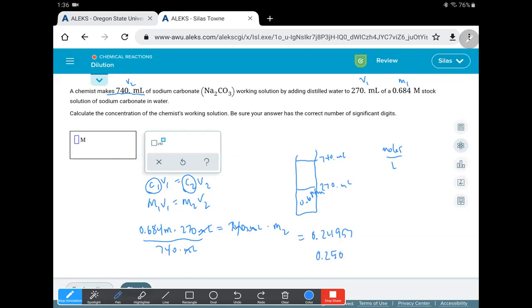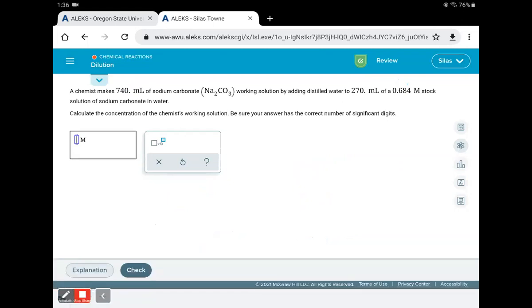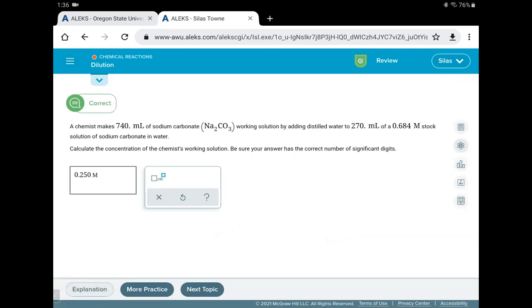And this 0 is significant because it's after a decimal point and a whole number. And so we have 3 significant digits with 0.250. Let's plug that in for our molarity. There we go.